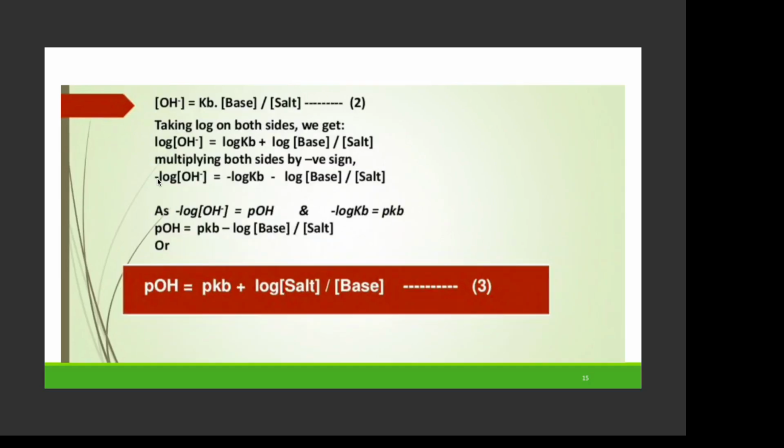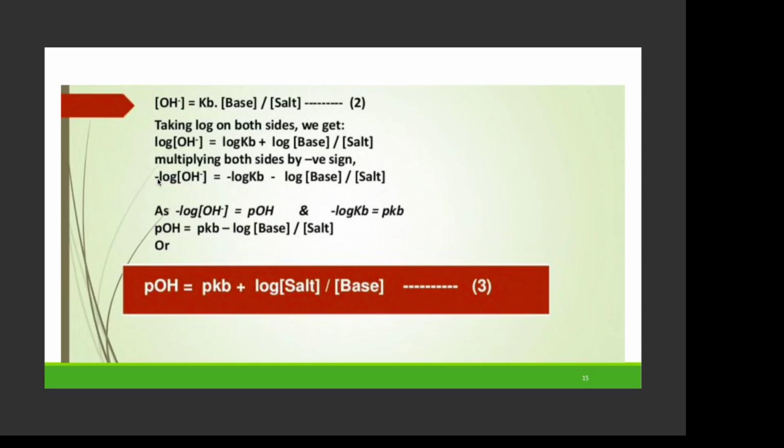And we can take that as base by salt. So this one is actually the base, and this one is coming from the salt, right? Yes, sir. And when we take log on both sides, we will get this equation: log hydroxide ion equals log Kb plus log base by salt.